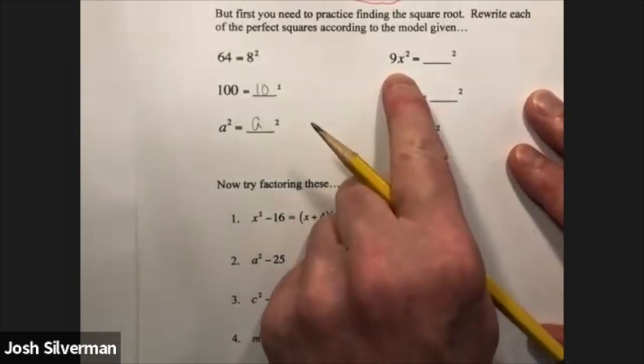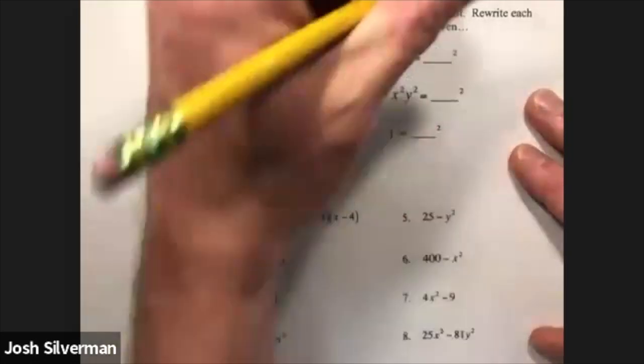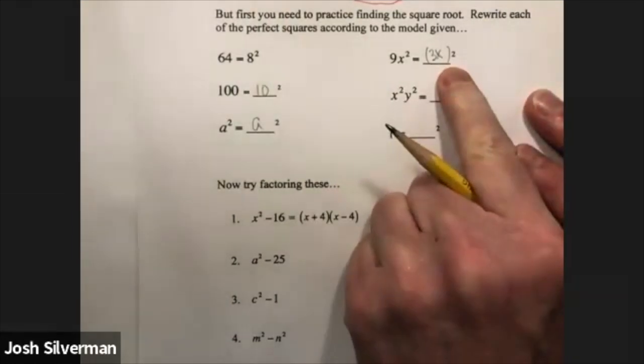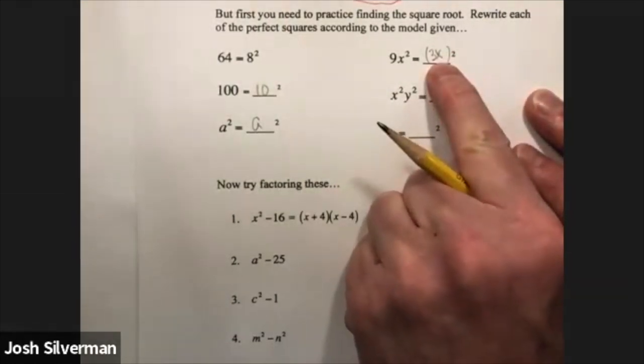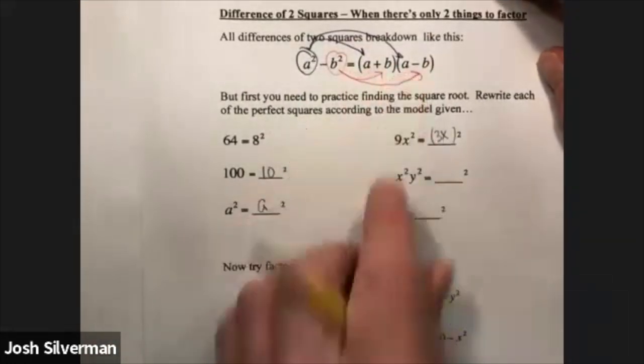What times itself is 9x squared? What do you multiply by itself? Well, that is going to be 3x. And you can see that's got to go in parentheses. The 3x will be the thing that goes here and here.